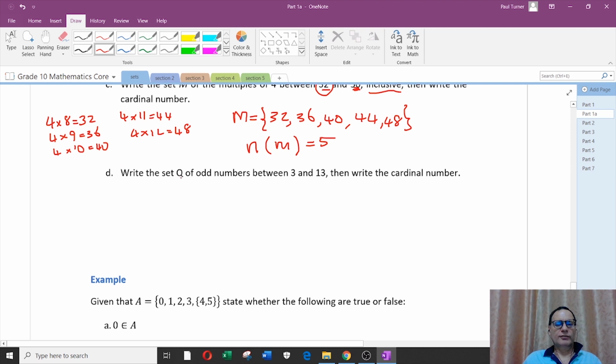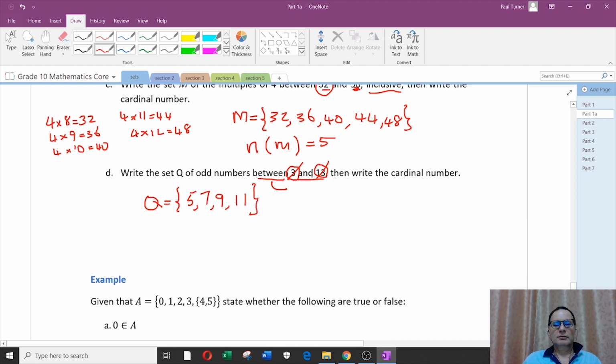Okay, so write the set Q of odd numbers between 3 and 13. Now when you see between, it normally means not including these numbers. So don't include them in the answer. So Q, the odd numbers would be 3, 5, 7, 9, 11.